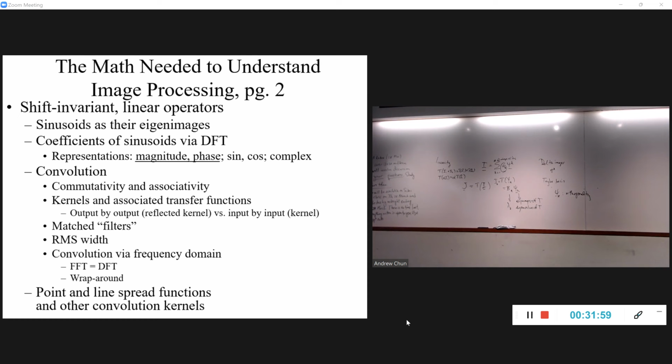And sinusoids have frequencies, and the frequencies were an integer over the number of pixels in that particular dimension. So if you have a 512 by 512 image, n is 512 for the rows and 512 for the columns.